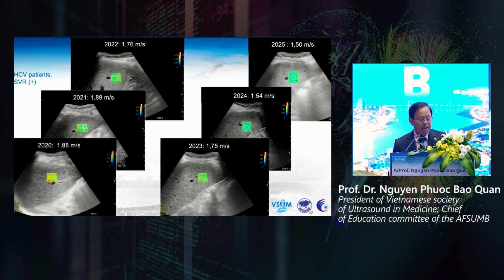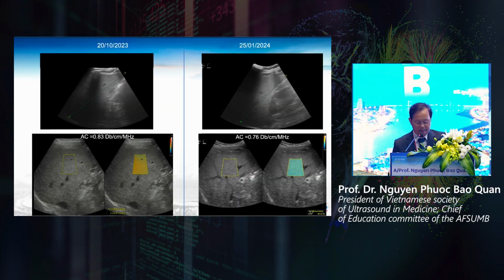This patient has hepatitis C, and he obtained sustained virologic response. After follow-up of 5 years, until now, 2025, the patient has F2 only. At the beginning of the treatment, he was diagnosed F3, F4 with 1.98 meters per second, corresponding to F4.